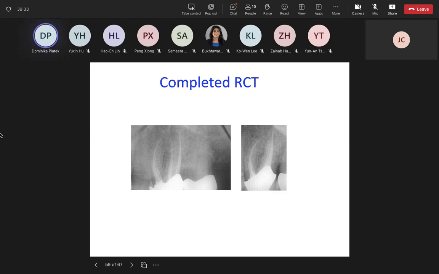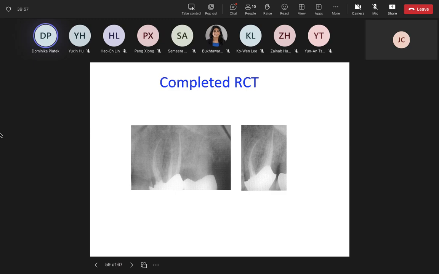And after finished treatment, after obturation, we can see all the root canals nicely filled up to the apical foramen, so up to the end of the existing root canal.